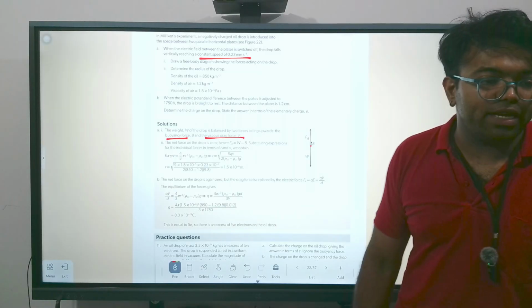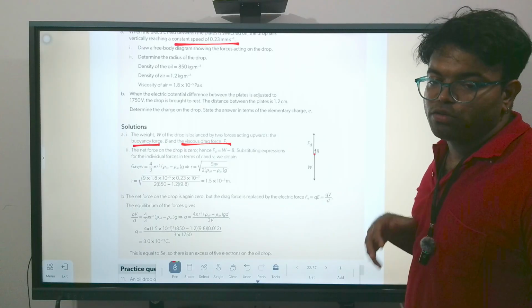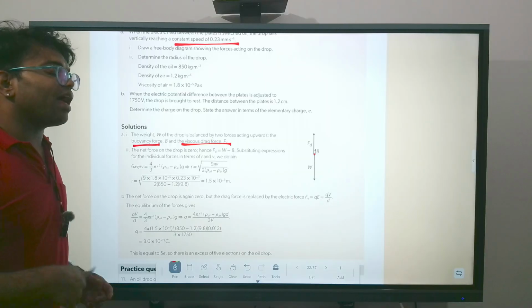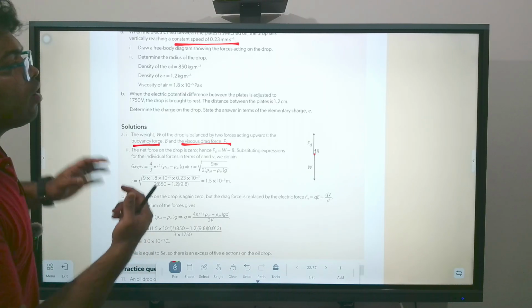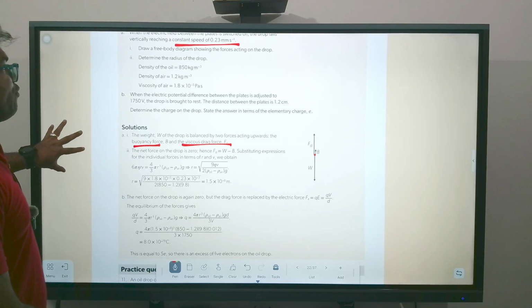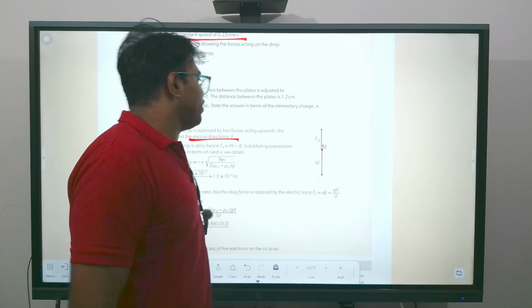But it is not happening like that. The viscous force and the buoyant force are able to cancel out the gravitational force. So these are the forces: we have the buoyant force, the drag force, and the weight.